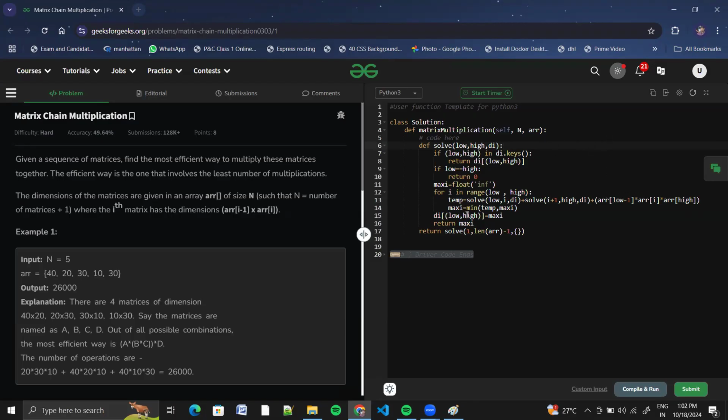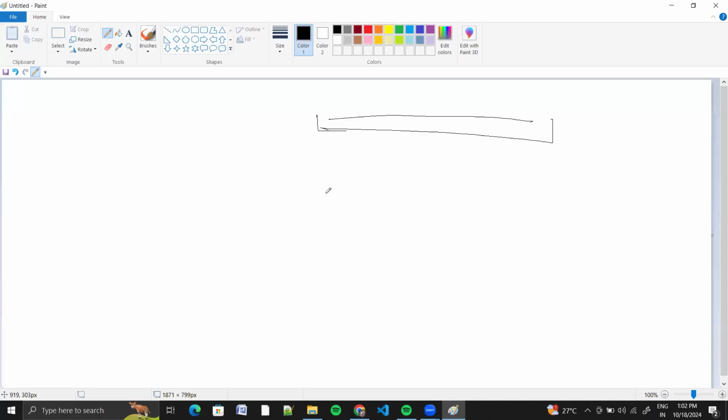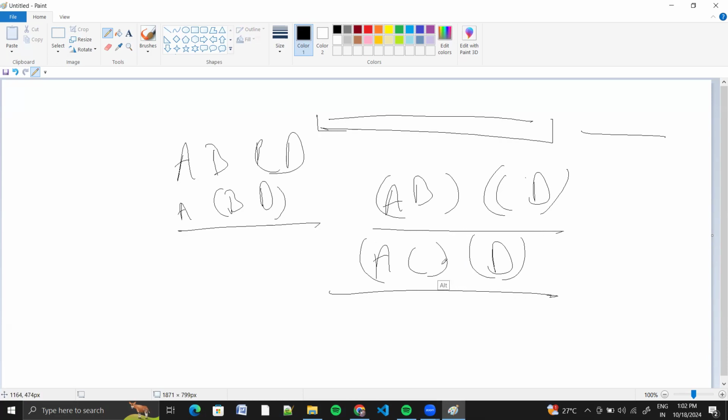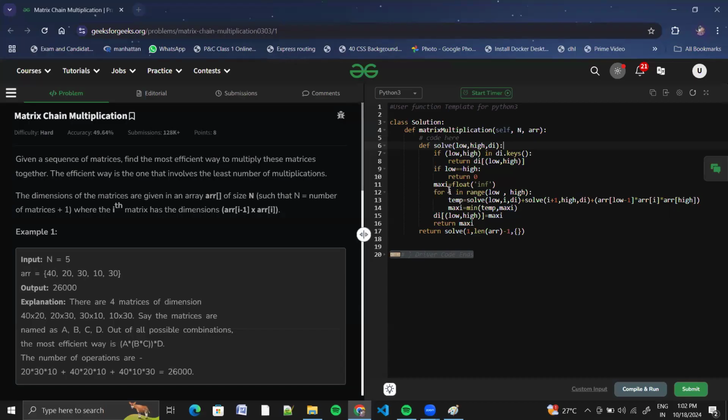And at the end, for this particular instance, let's say A B C D, when we divide at A and BCD, when we divide at AB and CD, when we divide at ABC and D, what is the minimum cost from all these three, that also we have to return, right? And all the stacks of the recursion have to do this. So basically we have taken a value that I've called maximum, but it has to be named minimum or anything.